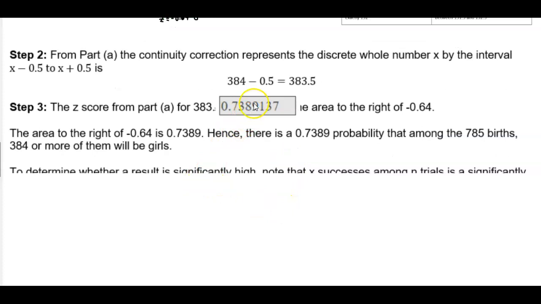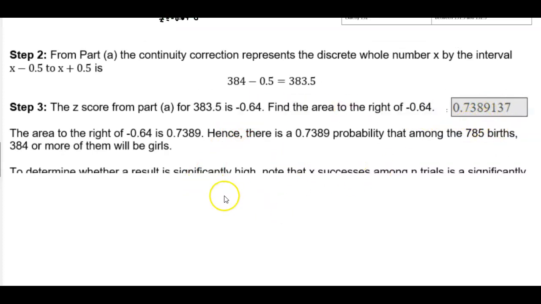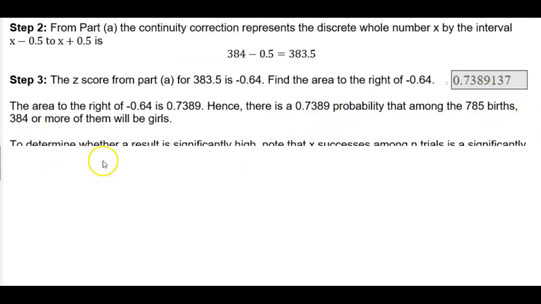And so therefore, rounding it to 4 decimal places, we get 0.7389. So there is a 0.7389 probability that among the 785 births, 384 or more of them will be girls.